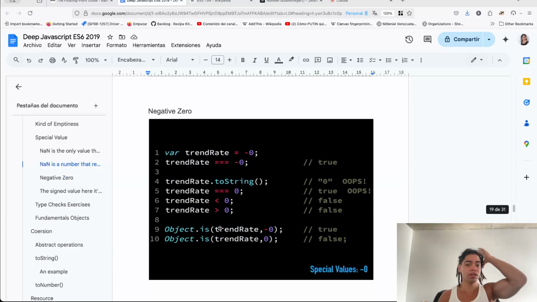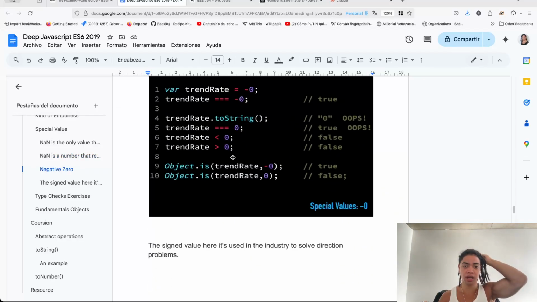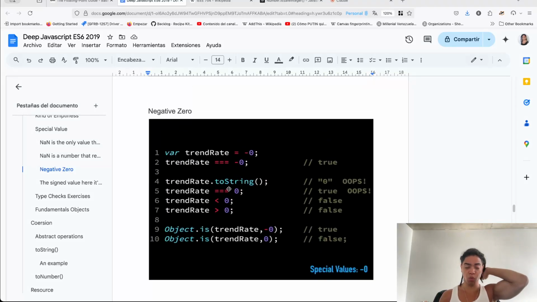All right, and the other is -0, to see how that works. The thing here is that with -0, anytime you need to represent movement, in a game or in a financial trading app, say the value is increasing or decreasing in real time, you use Object.is.